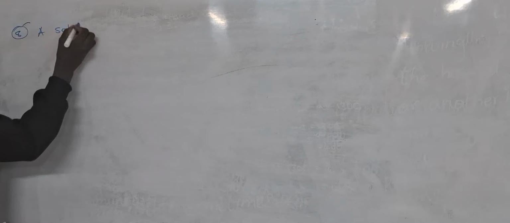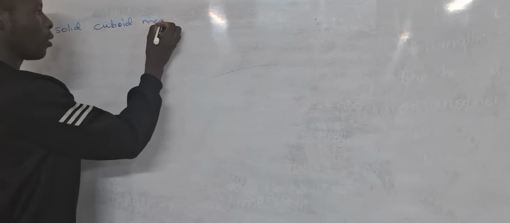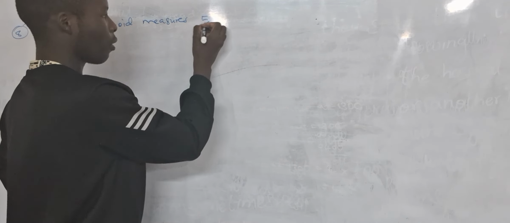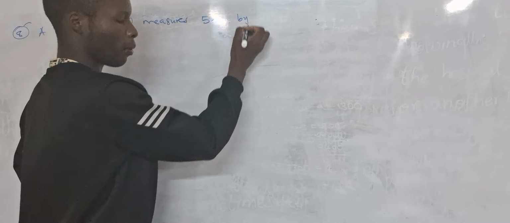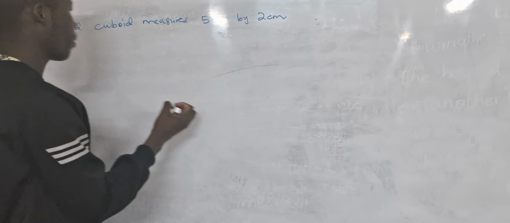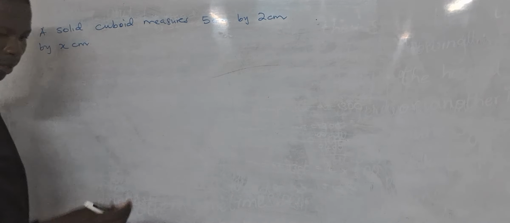It's saying a solid cuboid measures 5 centimeter by 2 centimeter by x centimeter.